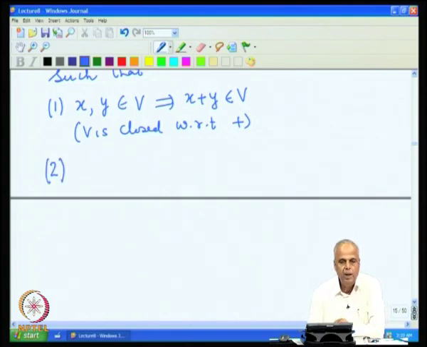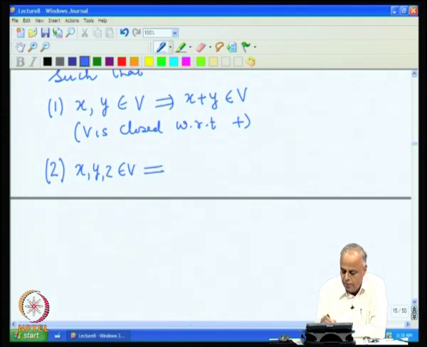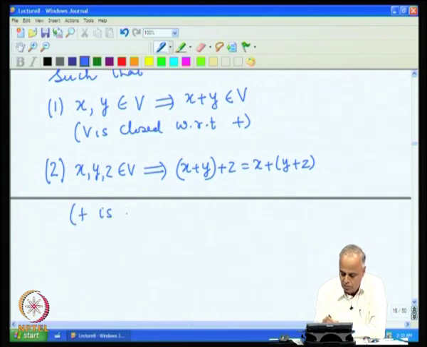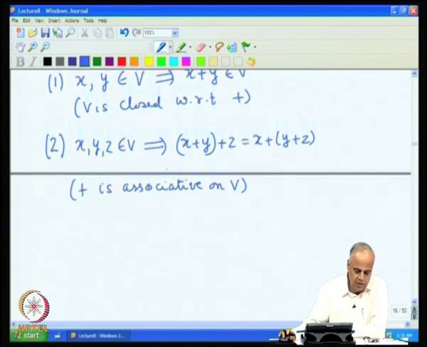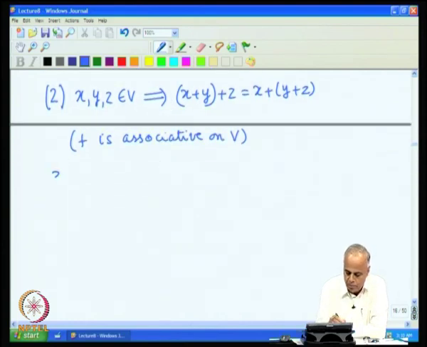Then the plus on R k was associative, and that is what we are going to demand. x, y, z belongs to V implies x plus y plus z is equal to x plus y plus z, with the grouping as in the associative law, that is, plus is associative on V. This is called the addition on V. The addition on V is associative.